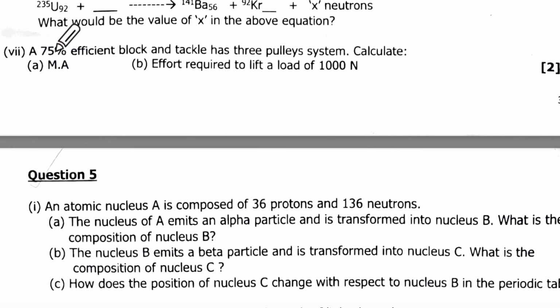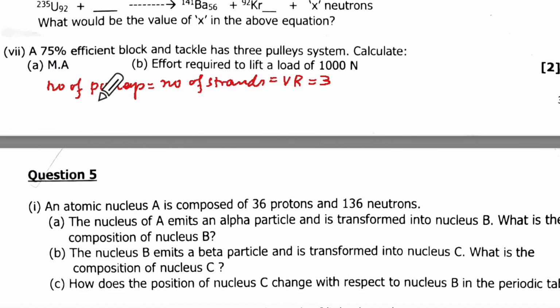Okay, a 75% efficient block and tackle has 3 pulleys. So what you will say, number of pulleys equal to number of strands equal to velocity ratio equal to 3.